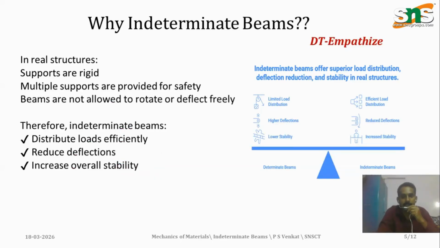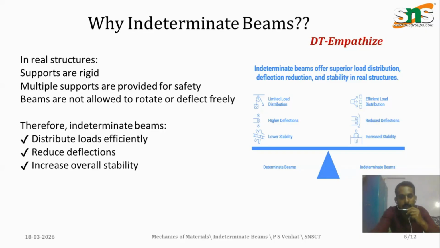Now let's understand why engineers prefer indeterminate beams. In real world structures, supports are rigid, not ideal hinges. Multiple supports are provided for safety. The structure should not fall if one support weakens. Because of this, indeterminate beams offer several advantages.